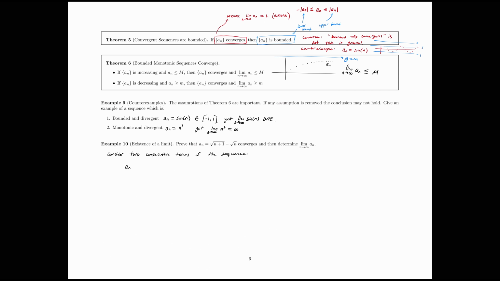So we already know what a sub n is. That's the square root of n plus 1 minus the square root of n. But I'll take a look at its neighbor, the next term of the sequence, the n plus first term. This would be the square root of n plus 1 plus 1, so n plus 2, minus the square root of n plus 1.